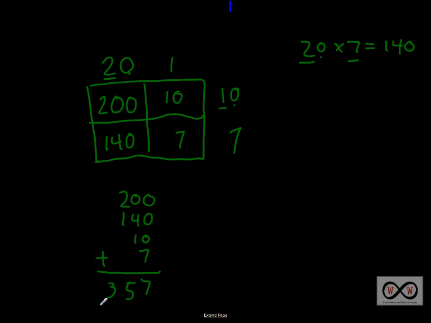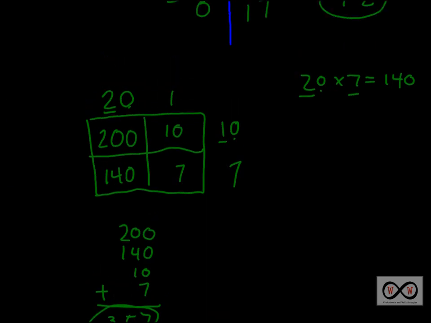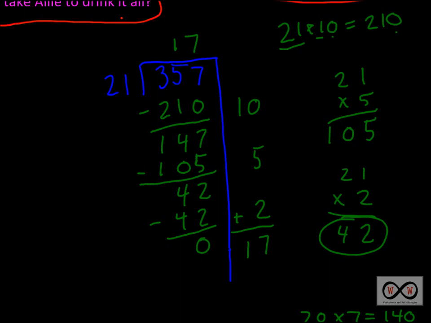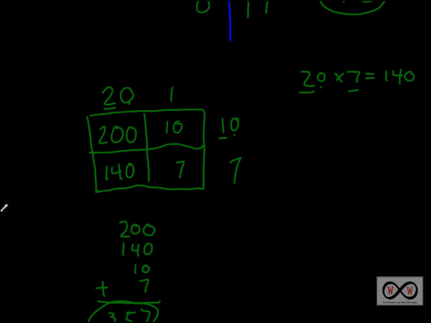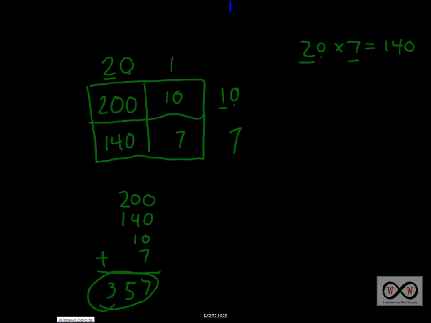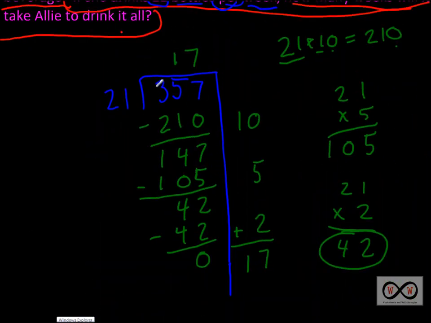So we're giving us 357. Let's make sure that checks out. That should be our dividend. Let's see, 357 here. Yes, indeed, we have it. That does check out. Again, 357 down here, and we checked out at 357. So in fact, 357 divided by 21 equals 17.